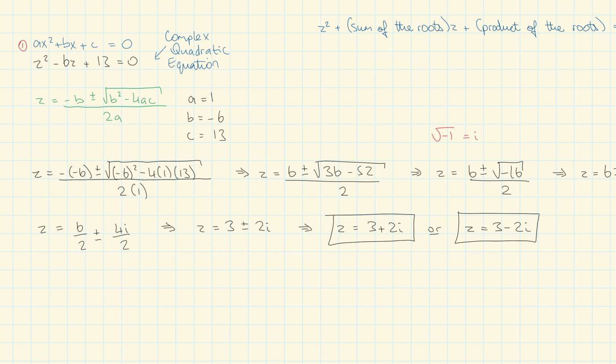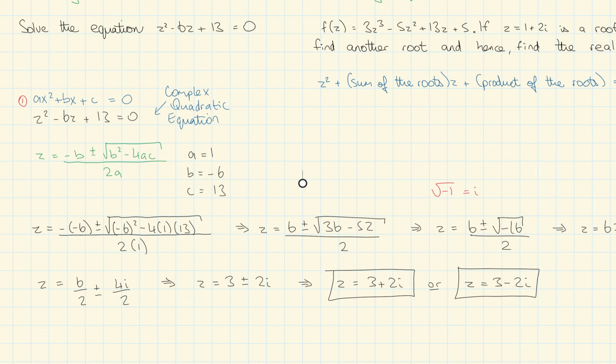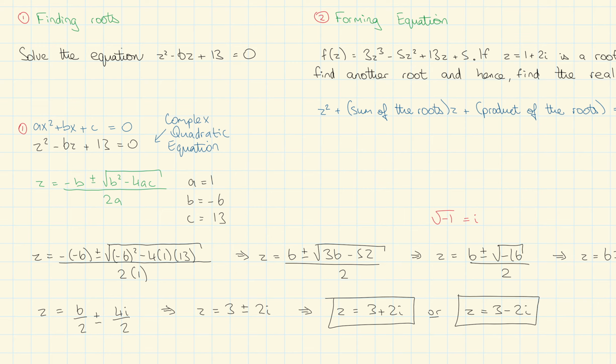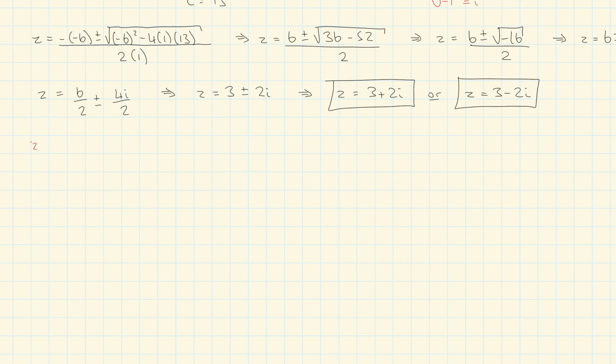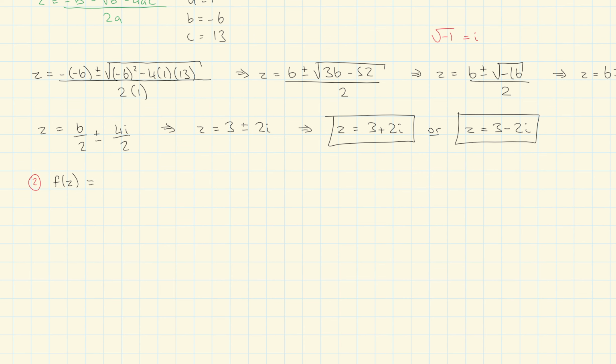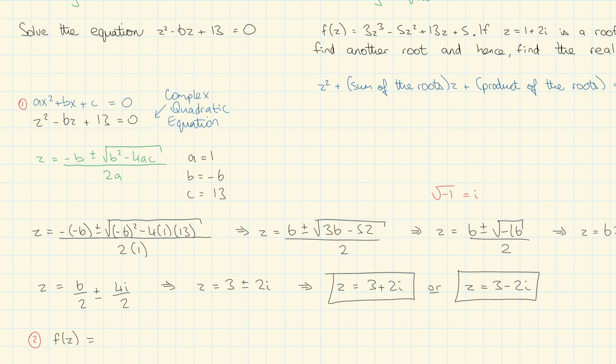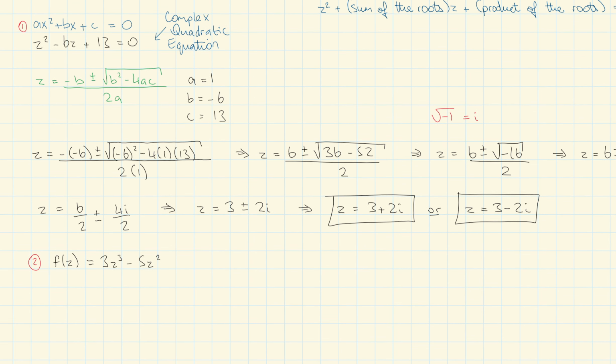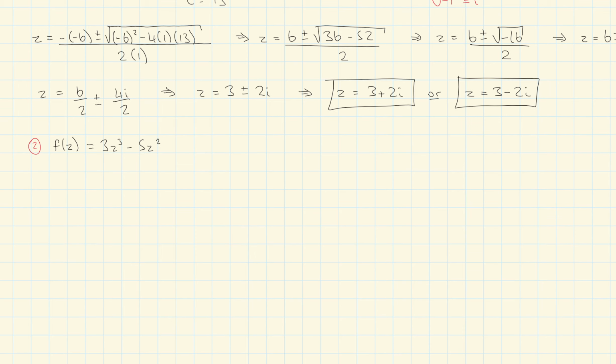Part 1 answered. So now we'll have a look at part 2 here. We were asked about forming an equation. We're told f of z is equal to 3z cubed minus 5z squared plus 13z plus 5.